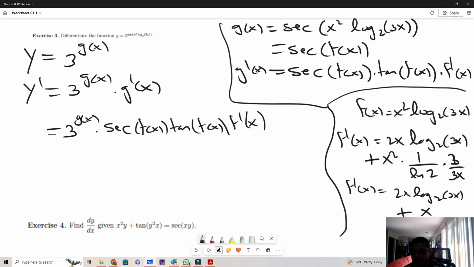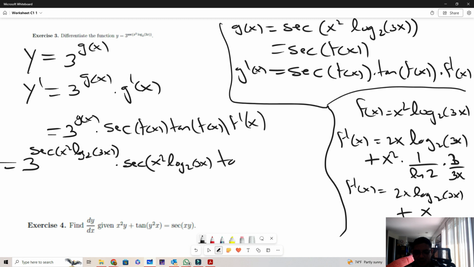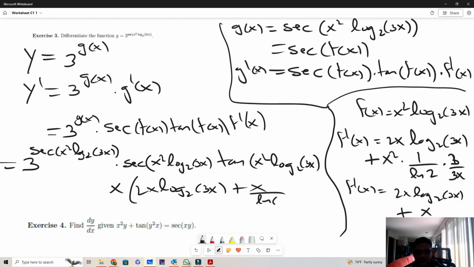Okay, so now at this point we can write a very long result. This is 3 to the secant of x squared log base 2 of 3x, and then times secant of x squared log base 2 of 3x by tangent of x squared log base 2 of 3x times, and then f prime of x, which is 2x log base 2 of 3x plus x over log of 2.